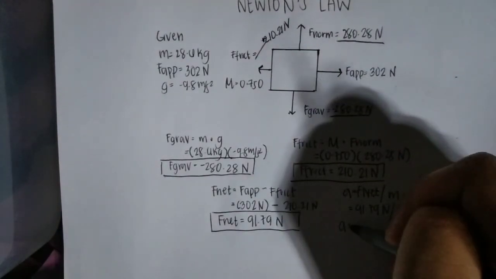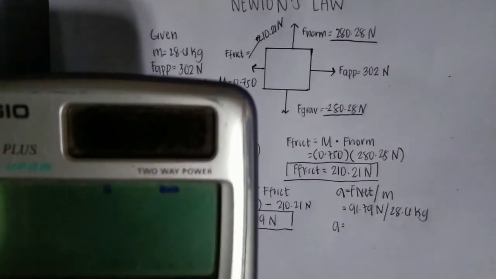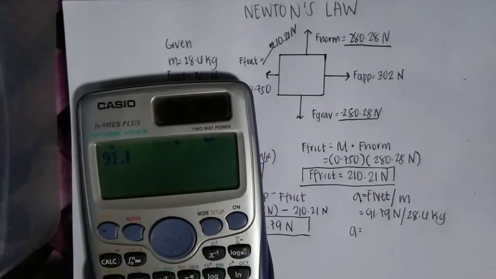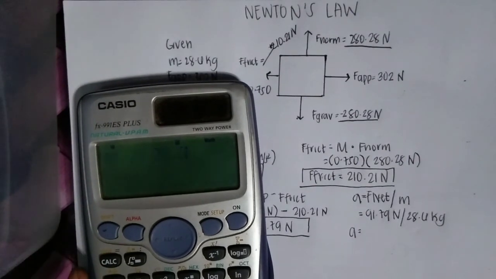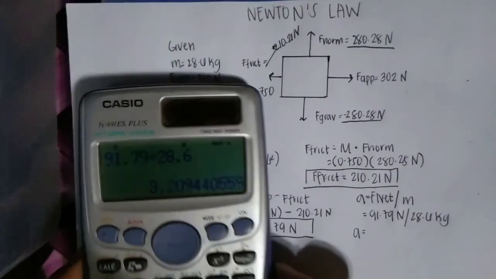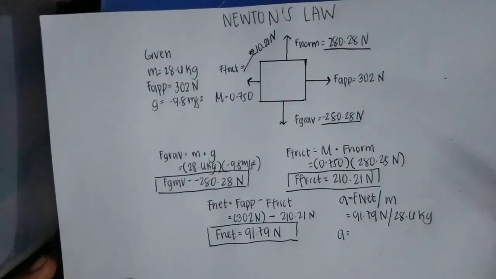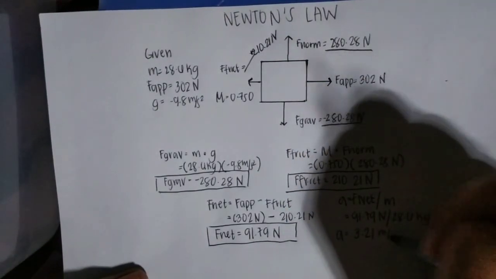So our acceleration is equal to 91.79 divided by 28.6. We got 3.21 meters per second squared.